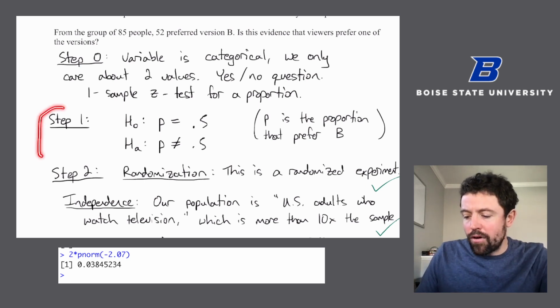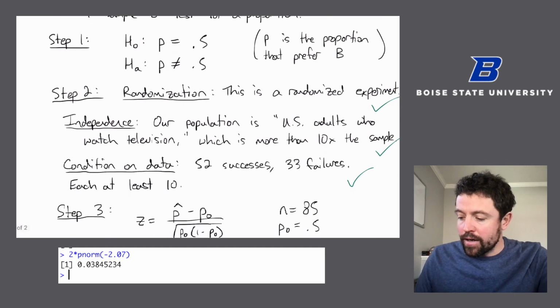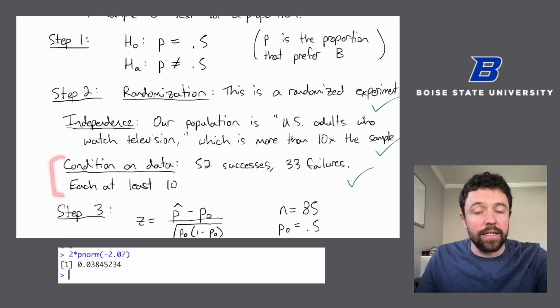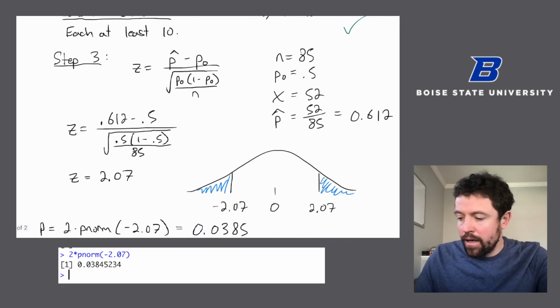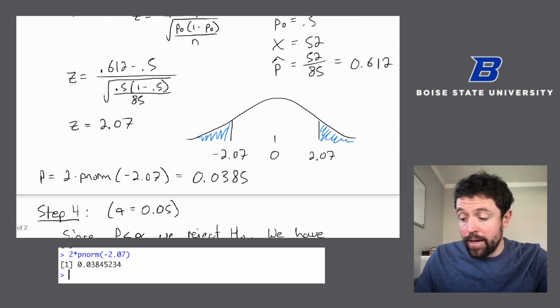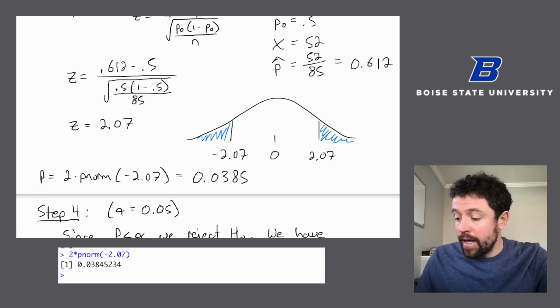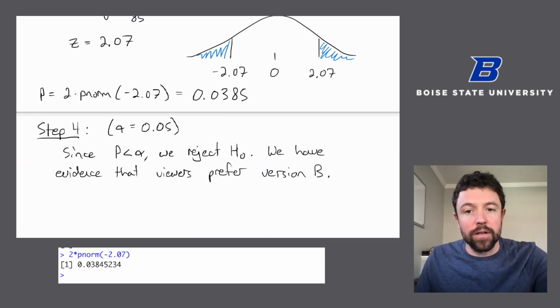Our hypotheses are almost exactly the same, right? Except for what this symbol is. Our conditions are the same, except for the condition on data is different. Our calculations are different, but with similar aspects to them, right? Z kind of looks the same, and the way we calculate our p-value, same sort of patterns to it. And then finally, our conclusion, again, is the same formula.